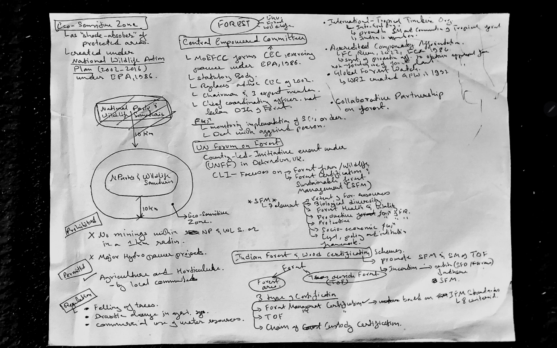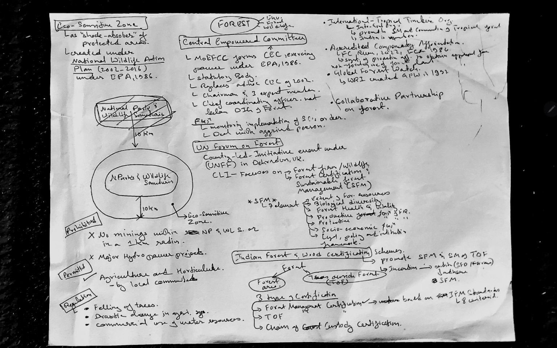These are two important aspects of the forest. Basically, this certification scheme provides incentives to entities like state forest departments or other forums which adhere to, which stick to, sustainable forest management, right?